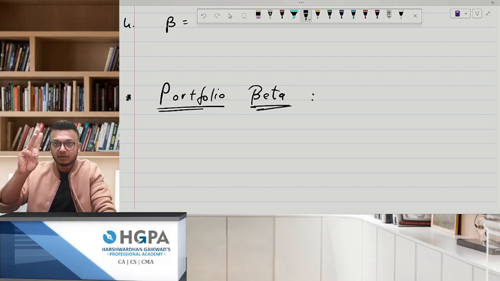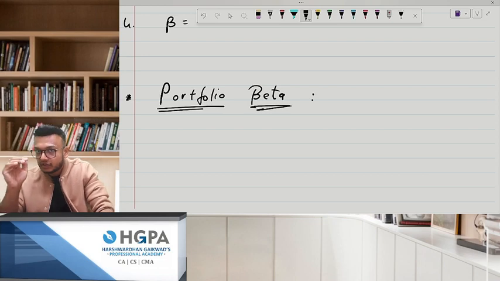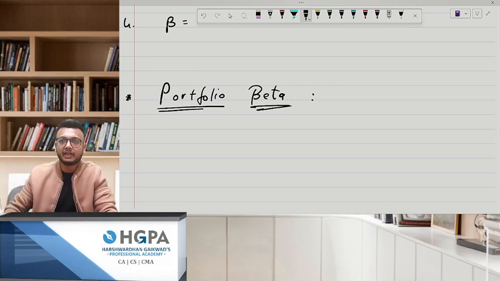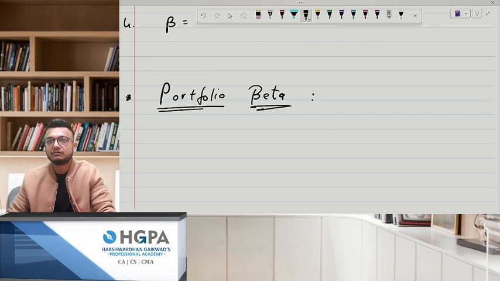If you can compute beta for an individual security, they are asking you portfolio beta. How? Quick, answer. Did you understand my question? You can calculate beta for one. Now I am asking about the entire portfolio beta. How will you do it? Quick. Sudhita, how? It's easy, come on.